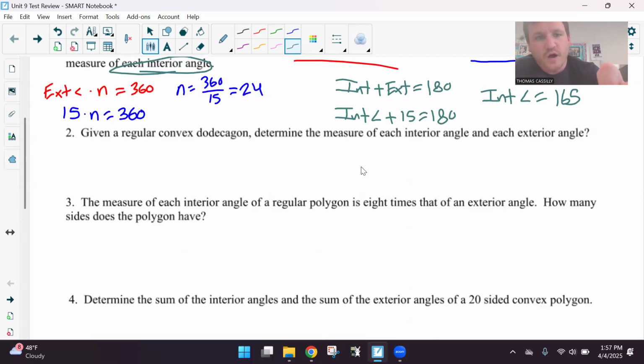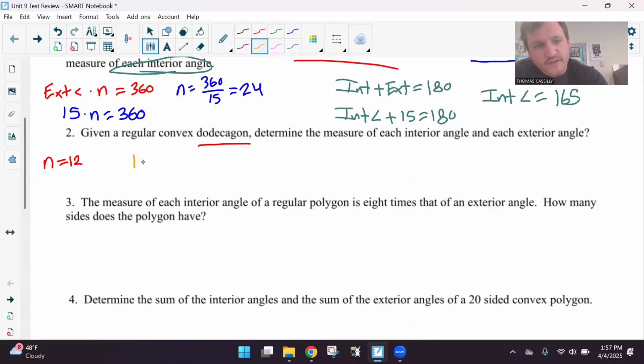Given a regular convex dodecagon, determine the measure of each interior angle and each exterior angle. A dodecagon is a 12-sided shape, so we know n equals 12. There are multiple ways to do this.